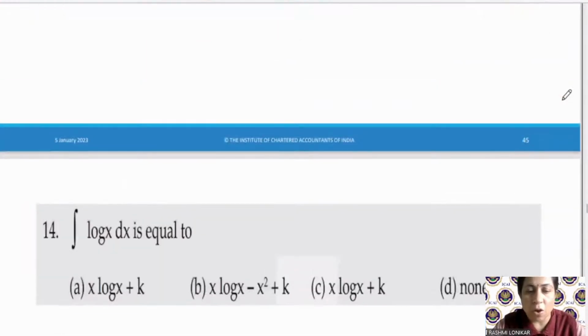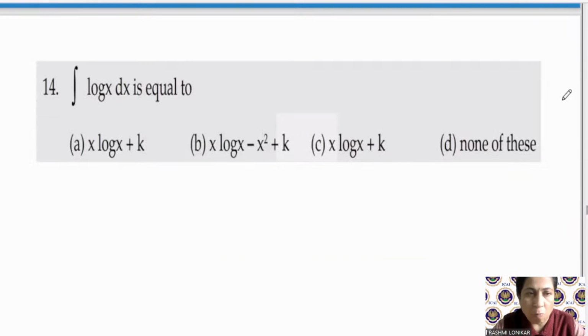Now this is integral of log x into dx. This is the unique sum for integration. So we have log x dx.